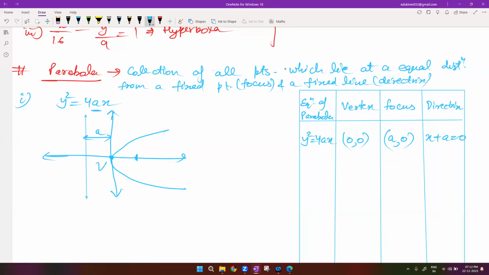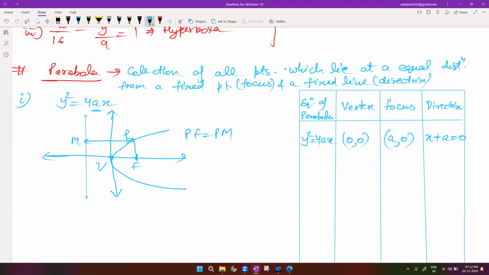So you take any point on this parabola, that will be at the same distance. Let's say this point is P and this parabola is F. This is not scaled right now. If this is a parabola, then these two have to be equal: PF is equal to PM.